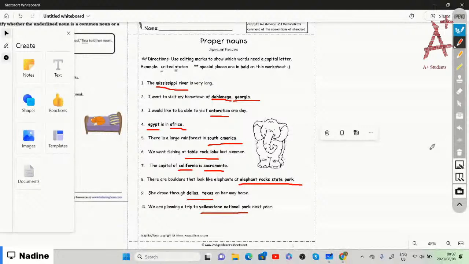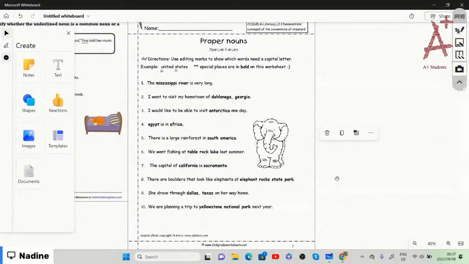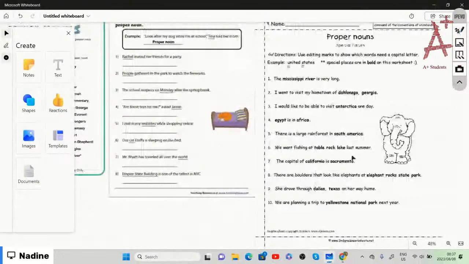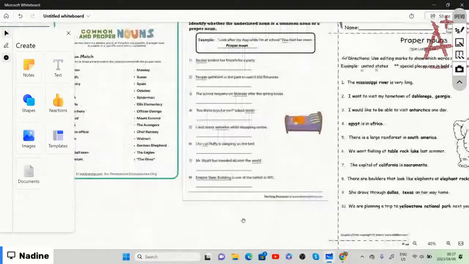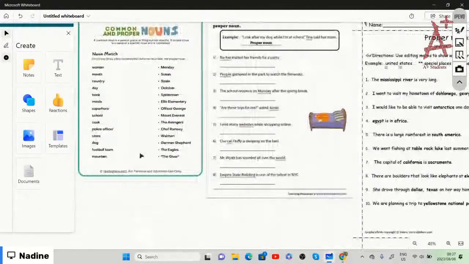And we also went over common nouns. Right? And then we also had to state whether it is a common noun or a proper noun, and we also matched the specific words, right?